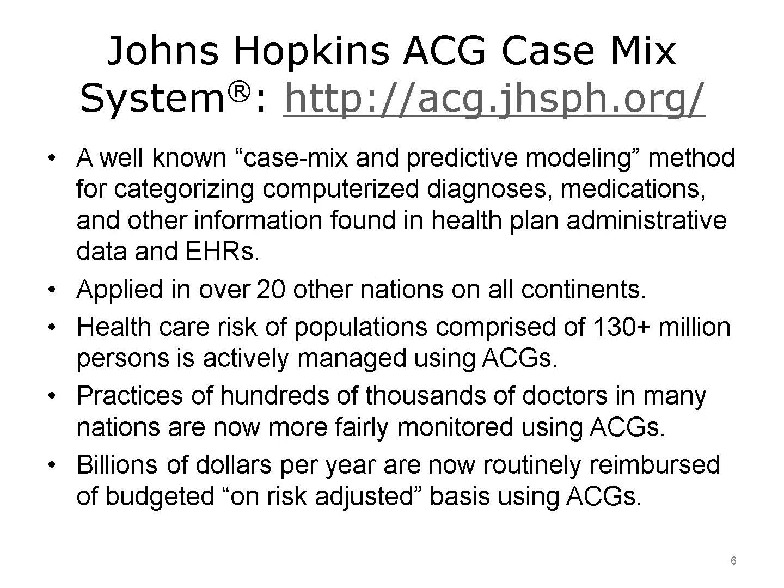The first case mix tool was the Diagnosis-Related Group, DRG, that is used to this day to categorize hospital admissions. ACGs were originally developed at about the same time and were used at first to categorize all other "ambulatory" care in the community not grouped by DRGs.